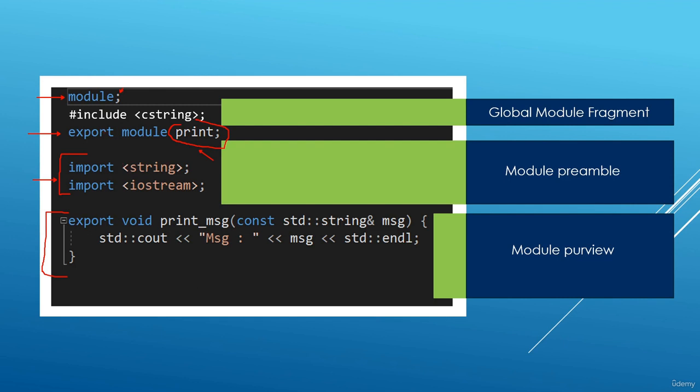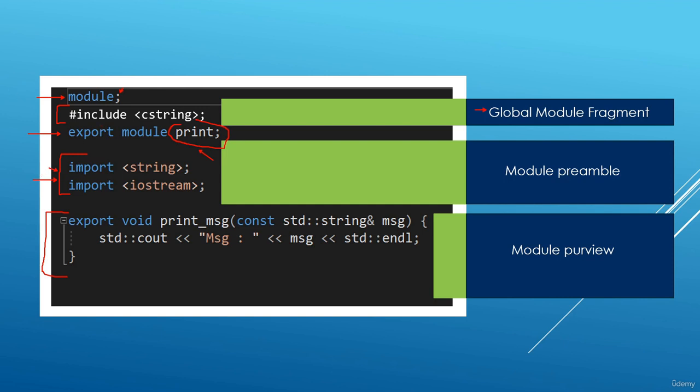So a module file has three parts. The global module fragment is what is inside this module thing and the module declaration. In the global module fragment, you will have your includes, and yes, it is possible to still use the old header-based includes like we do here if it doesn't already support being imported like this, and I will show you a few examples of this.